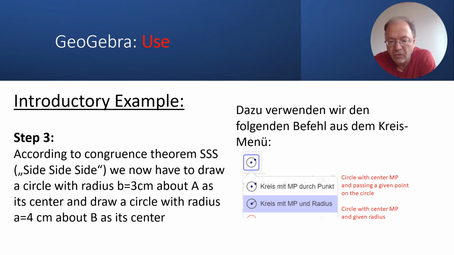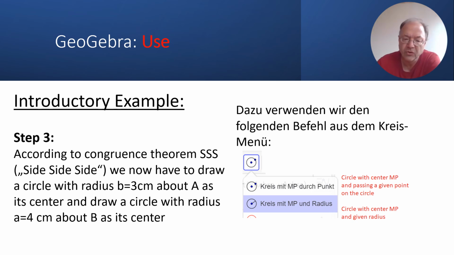Okay, and now the point C I get when I make the intersection of 2 circles. I need to make a circle about the point A with the length of side B, that is 3 centimeters, and I need to make a circle about the point B with the length of side A, that is 4 centimeters. I need these 2 circles because otherwise I don't know where the point C will be.